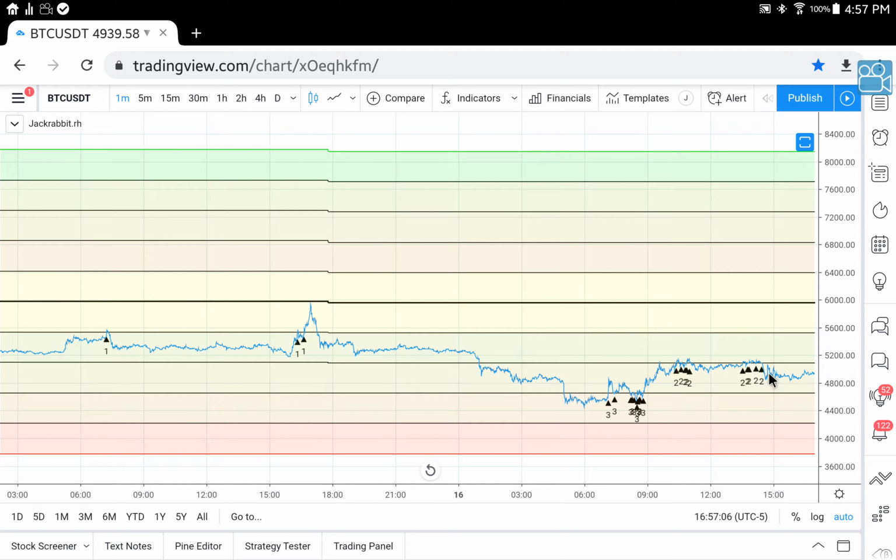So each of these would be the buys according to these channels. The sells are equally the same way: the first price channel, second, third, fourth, and finally the fifth price channel.